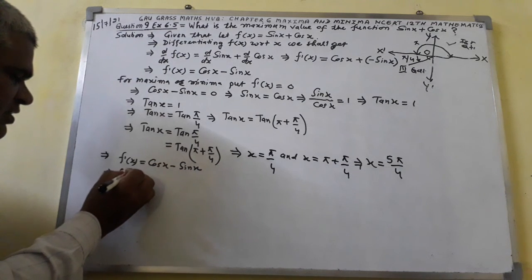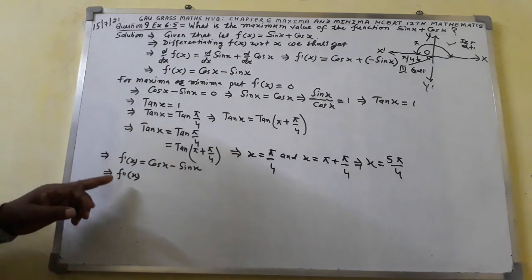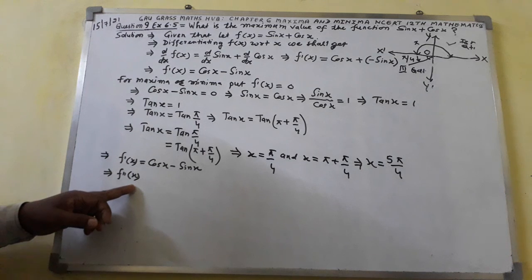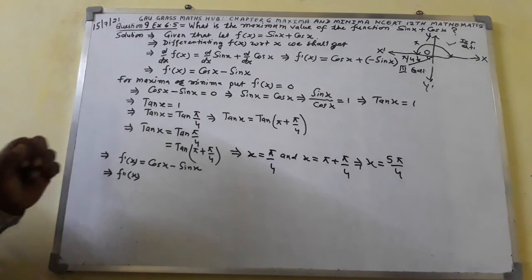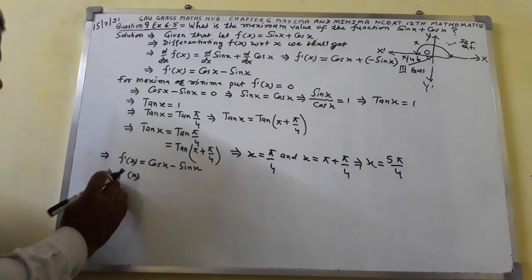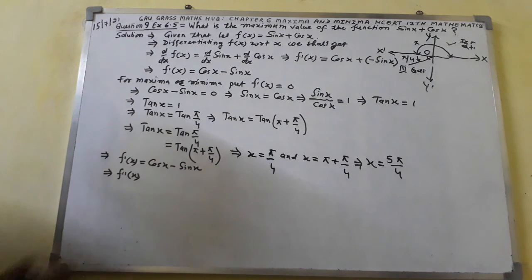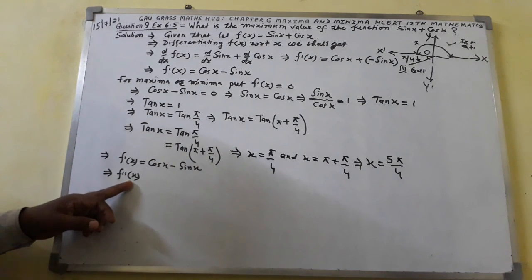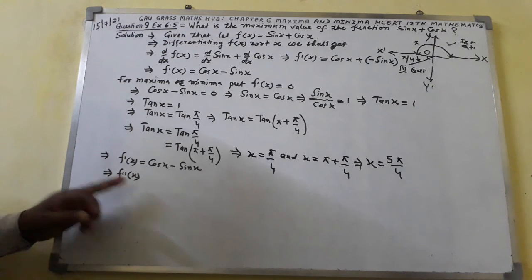f double dash of x is the second order derivative of f of x.